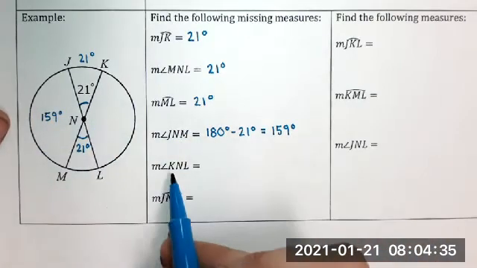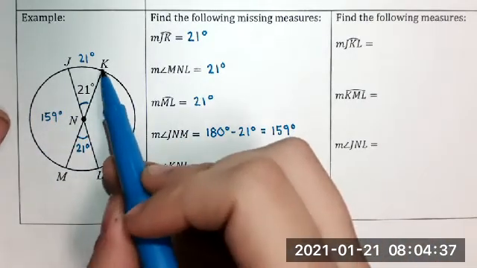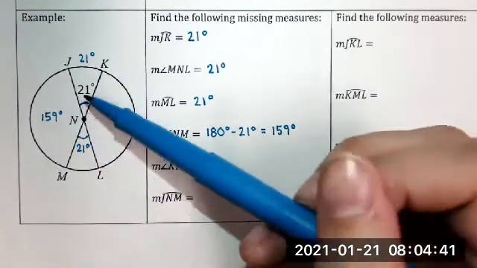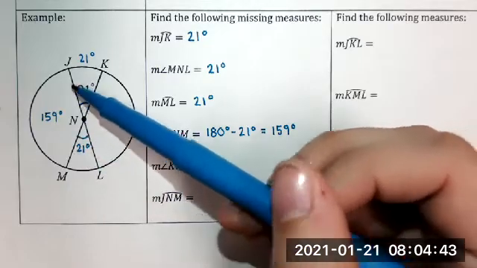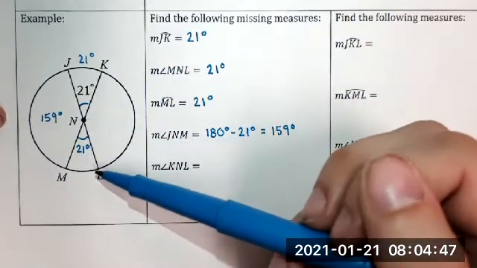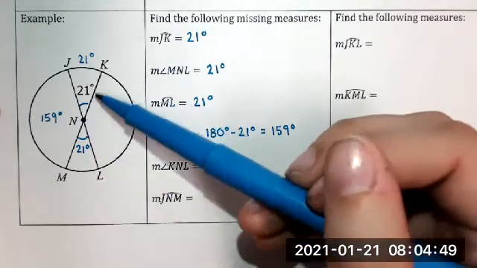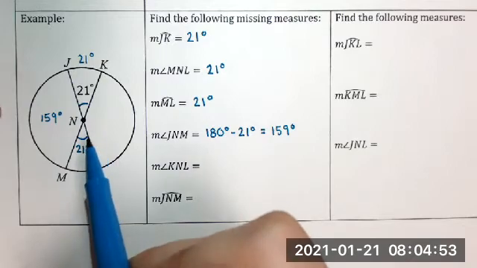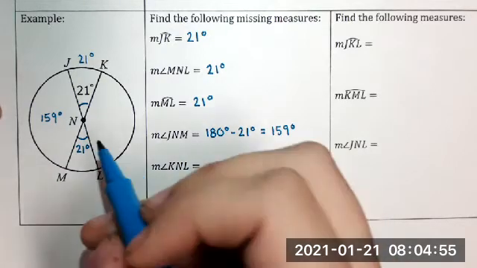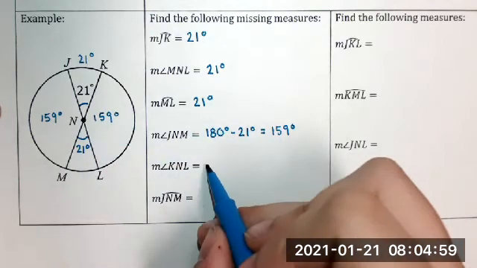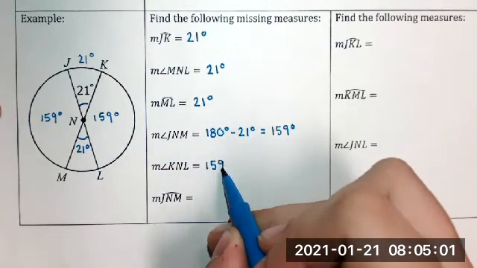What about K and L? Now it might not be as easy to see because it's bigger. Sorry, my words today. But these are still intersecting lines, so these two are also vertical angles. There's always the two pairs of intersecting lines, so we can't ignore the other pair. Boom, that would also be 159 degrees.